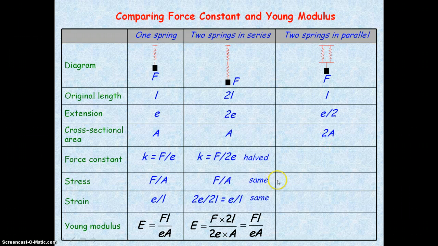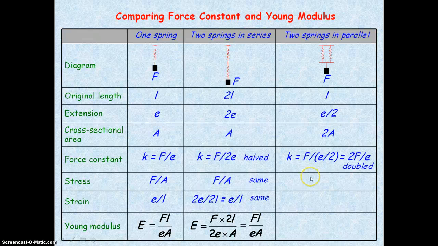So if we consider the force constant, that's our force divided by our extension. So force divided by E divided by 2, and that simplifies to 2F divided by E. If we compare this with what happened originally with our single spring, we can see our force constant has doubled.